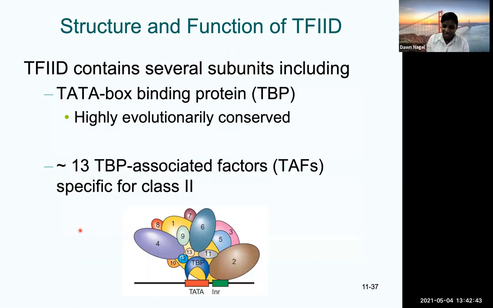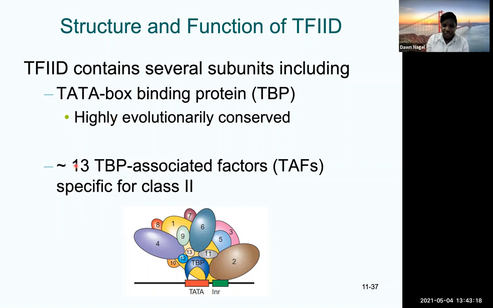Within that TF2D, like everything in eukaryotes, there are a number of other subunits. TF2D is not just a single monomer. There are many different proteins that are part of that complex, so it contains several subunits. Some of those subunits include the TATA box binding protein, TBP, which is highly evolutionarily conserved, meaning it's found in every eukaryotic organism we've looked at so far.